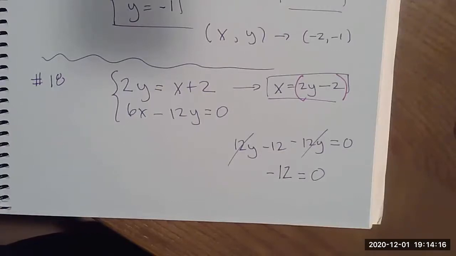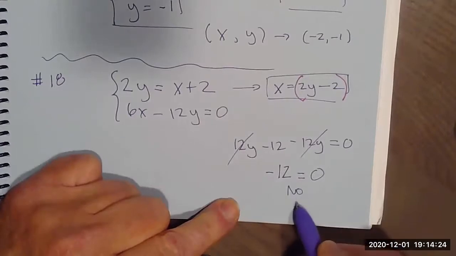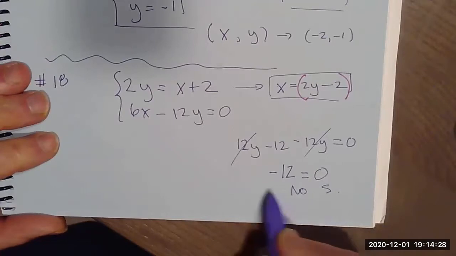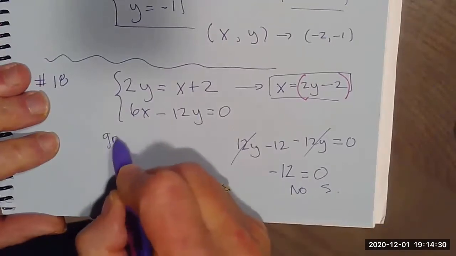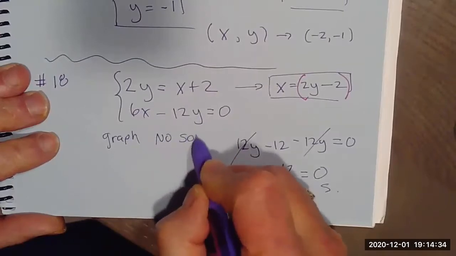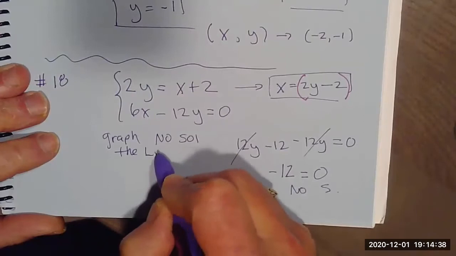It doesn't matter. They're still parallel, right? That's what these numbers are telling you, the 12 and the 0. So this is no solution, no big S for solution. And that indicates graphically, no solution. The lines don't touch.